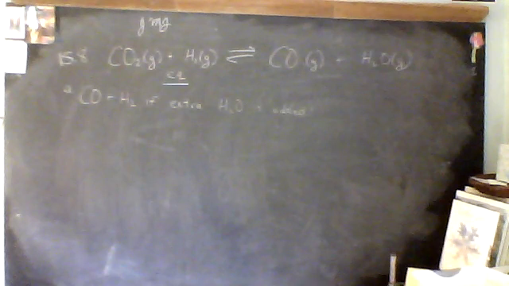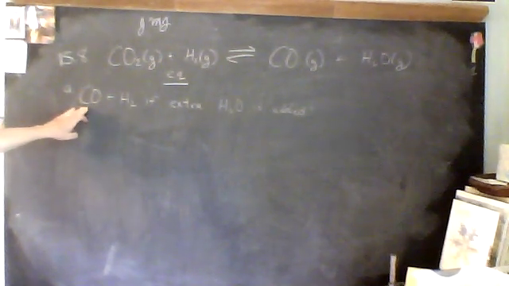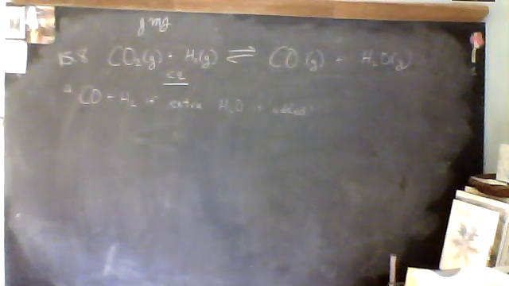The product side is in the numerator, right? Yes. So how will that affect the concentration of the CO? It'll decrease the concentration, because it wants to keep that number the same.